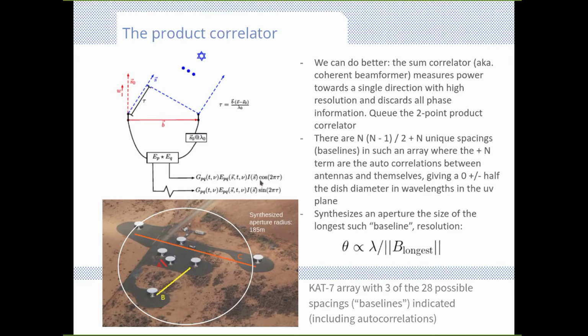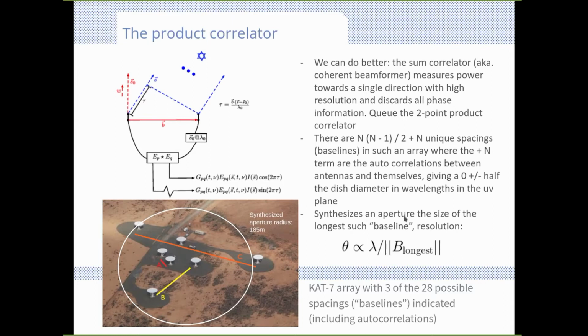Why we need this is that the cosine is maximally sensitive in only a small fraction of the sky, where that interferometer response goes to zero, so where the cosine goes to a null. We also want to capture some signal, so we also measure the sine component, which will capture signal within that null. This also serves to measure a deconstruction of all the even and the odd components of the sky frequency distribution.